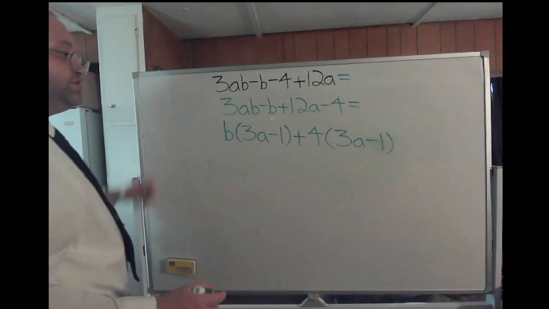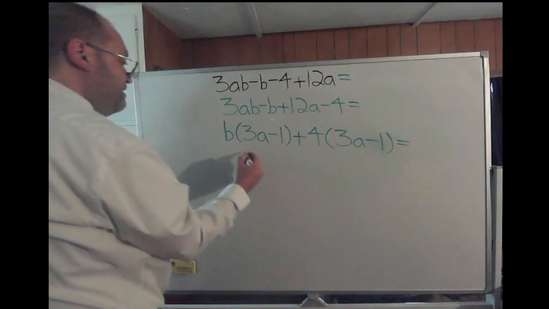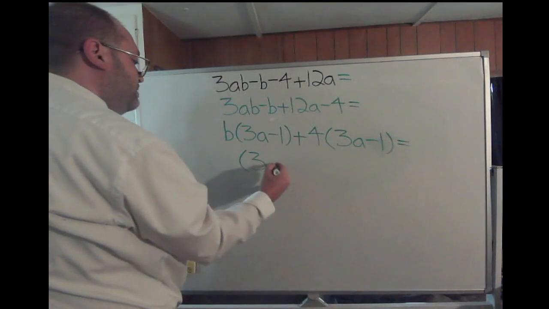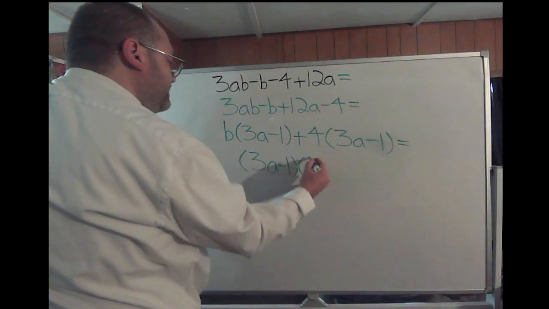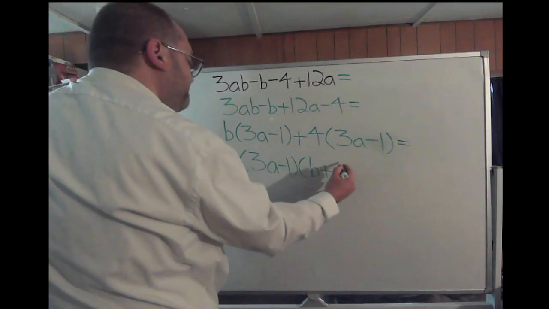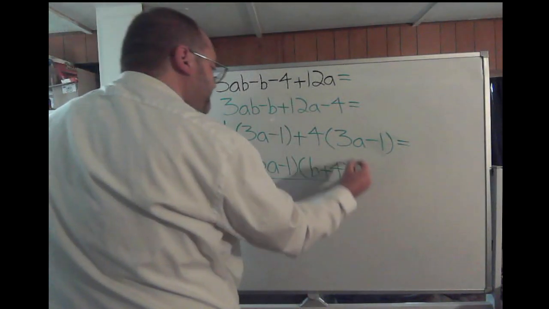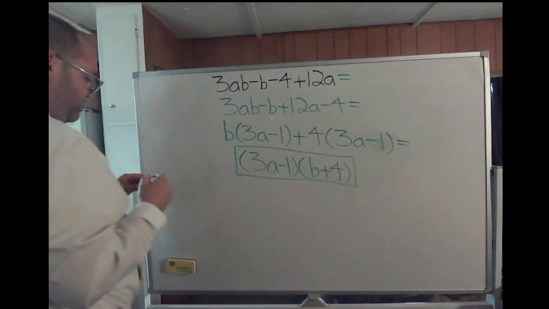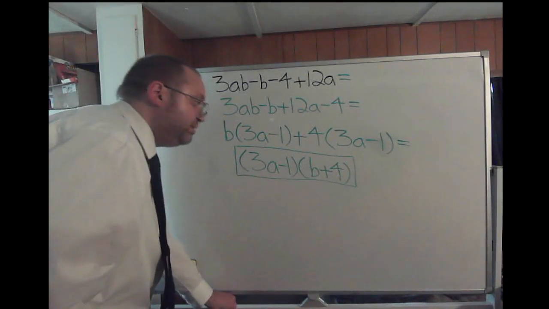So now you have two terms with a common 3a minus 1. So all you've got to do now is factor out your 3a minus 1. And then you'll just have the quantity of b plus 4 left. So the factorization of this would be the quantity of 3a minus 1 times the quantity of b plus 4.